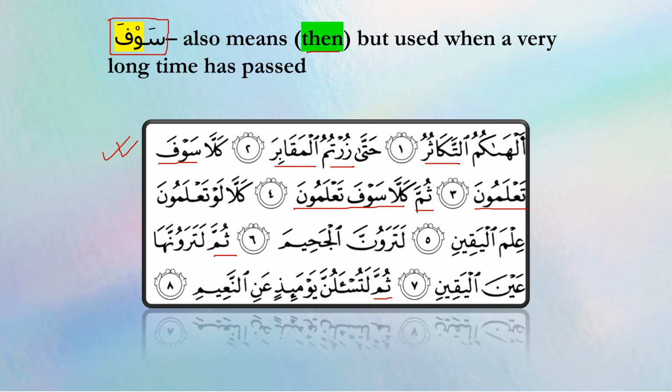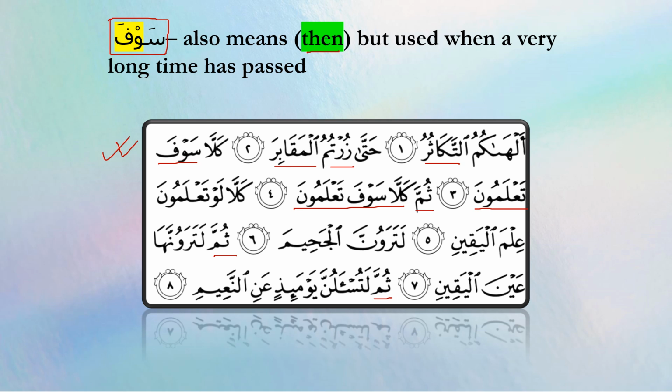If you can see, kalla sawfa ta'lamun, thumma kalla sawfa ta'lamun, it has been repeated to give you emphasis, to catch your attention, to tell you that you will know after your death. So this is a very grave and important message Allah is giving us.